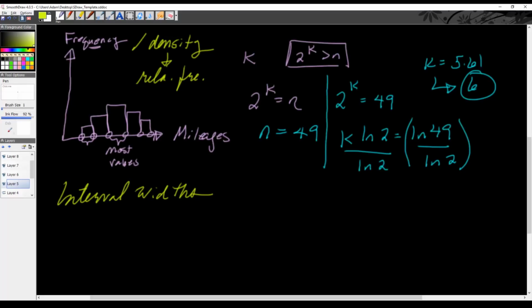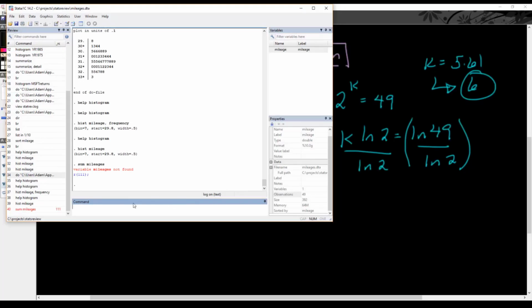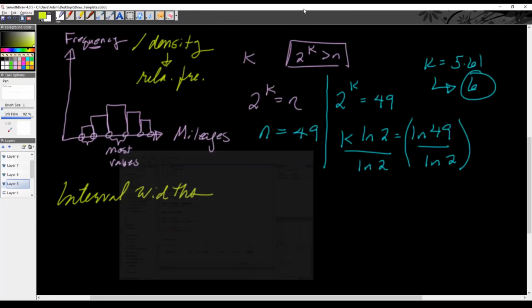So let's talk about the interval width. This is pretty straightforward. Once we solve for the number of class intervals, here we solved for 6, we can get the bin length. Basically what we do is divide the range of the data by the number of class intervals. So we take the range, the largest minus the smallest value, and divide by 6, the number of intervals. Well, how do we find that range? Remember, I can just summarize mileage, and I can see what the range is, 29.8 to 33.3.